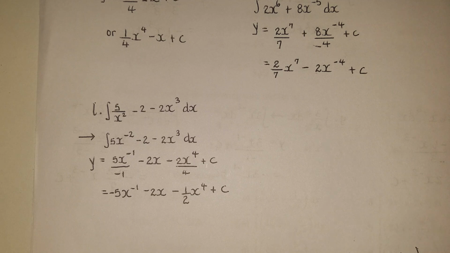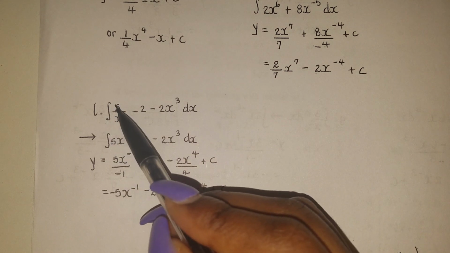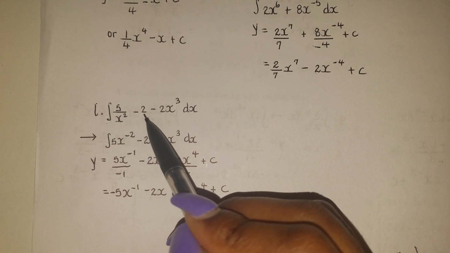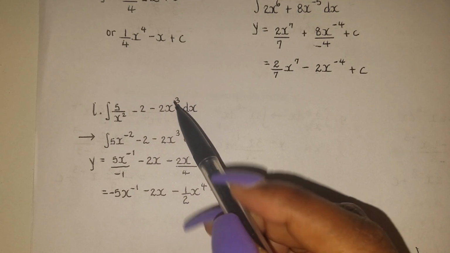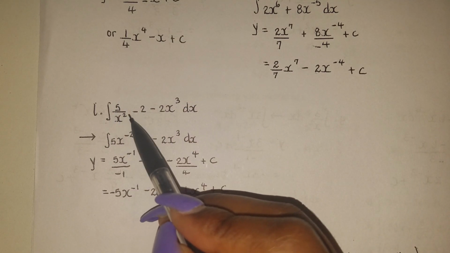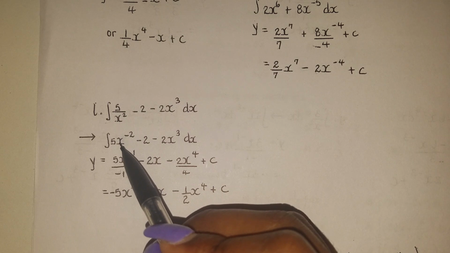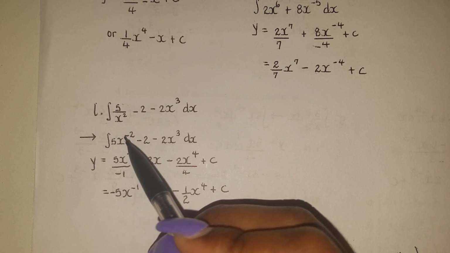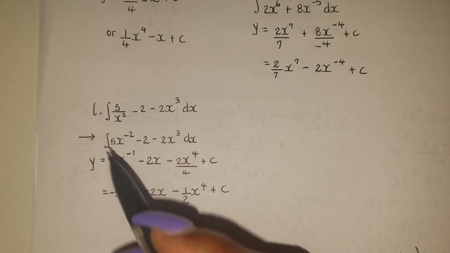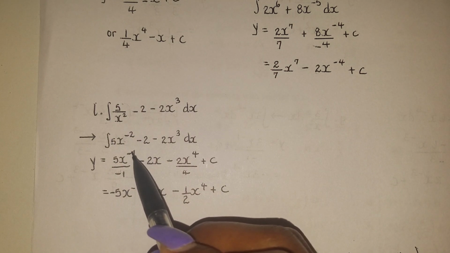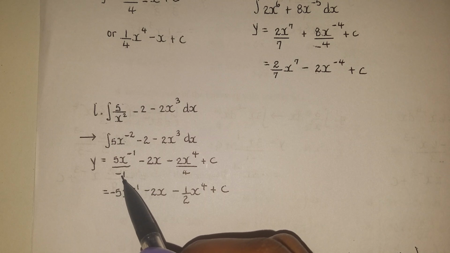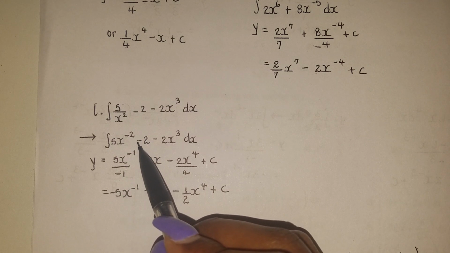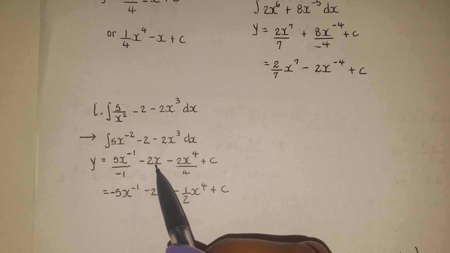In part L, the integral of 5 over x squared minus 2 minus 2x cubed. I rewrote this 5 over x squared as 5x raised to the negative 2 as this gets brought up. So now when we integrate, add 1 to negative 2 to get negative 1 and divide by that negative 1. Integrate this negative 2 to get a negative 2x.